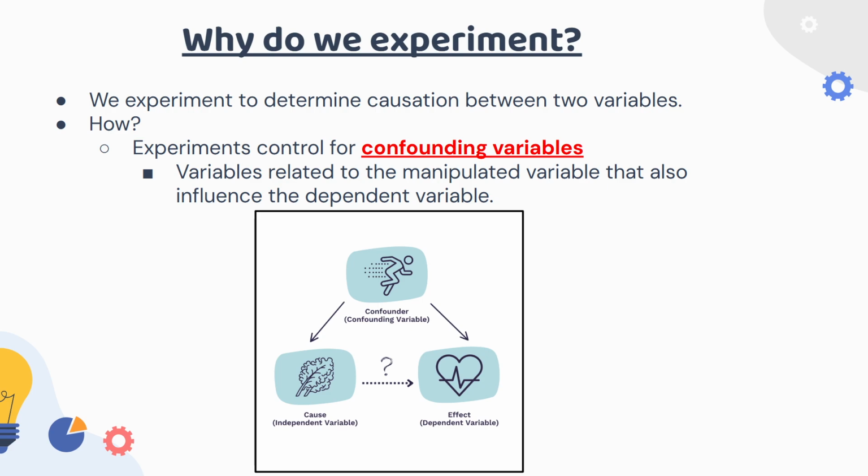It's the independent-dependent variable connection. In an observational study, that connection is really bad because other variables are contributing to influencing the dependent variable. So it's dependent not just on the independent variable, but also on other things, right?